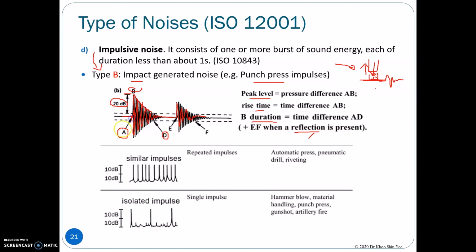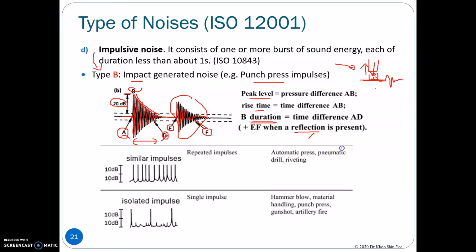So at the beginning A here, after the sound decays by 20 dB, at this point is your D. So when you take the time between A and D, it will be the B duration. However, in some cases where the refraction happens, you have a second impulsive sound here. So in this case, the B duration is obtained by taking the summation of the time AD plus the time EF here.